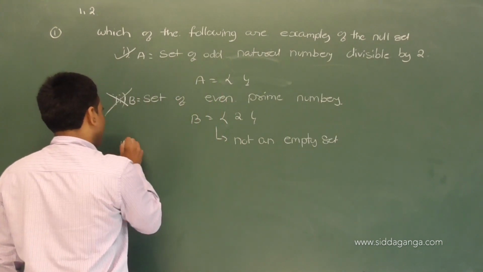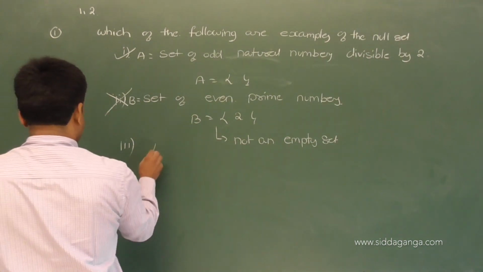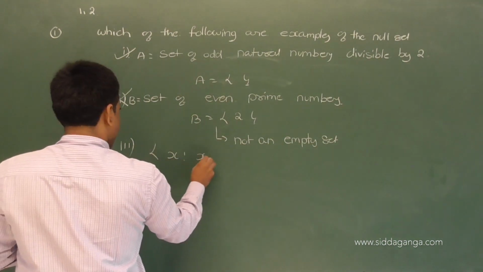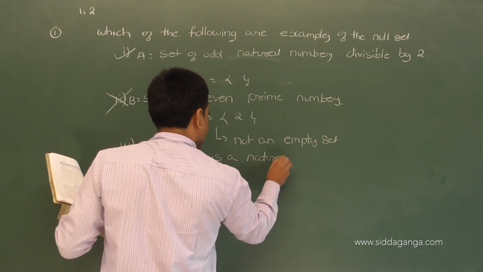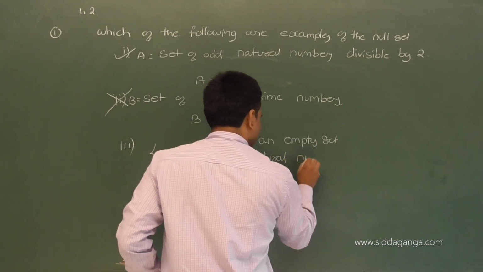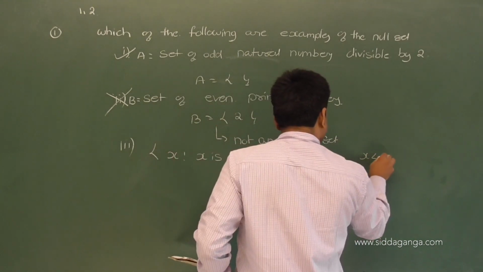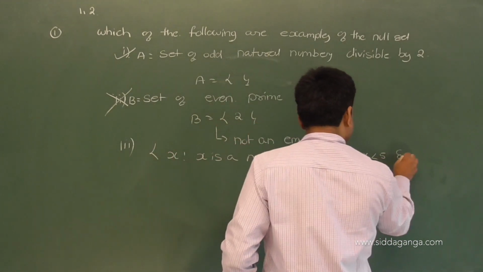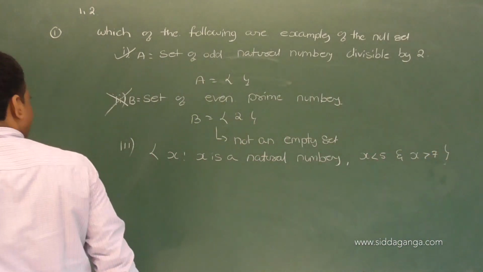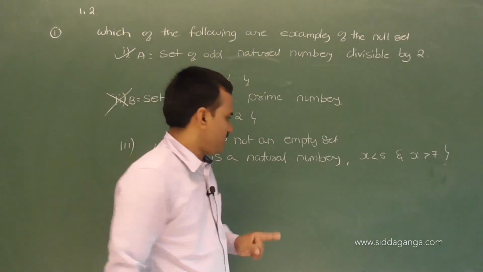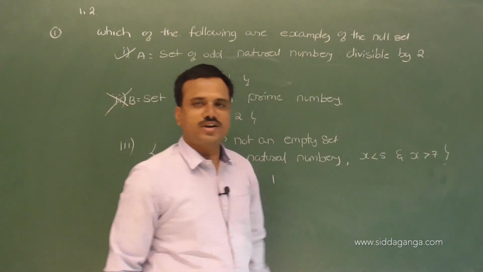Third question: x such that x is a natural number, x less than 5 and x greater than 7. x less than 5 and, so if you write any natural number, say 1, 1 is less than 5, no doubt.